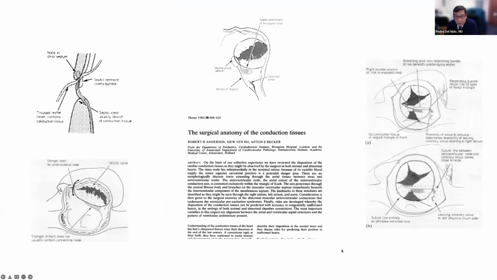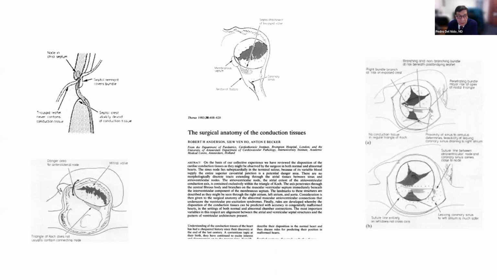So where have we been, or what do we rely on? Well, sad to say, we still rely on this original publication in Thorax in 1983 by Anderson and Becker and Shinebourne, who basically did a series of anatomic dissections and histologic studies to not only determine what the AV node and the conduction system look like under histologic analysis, but also its location.